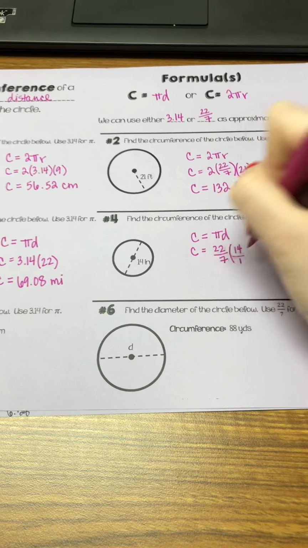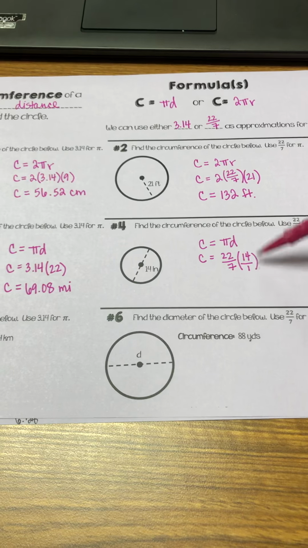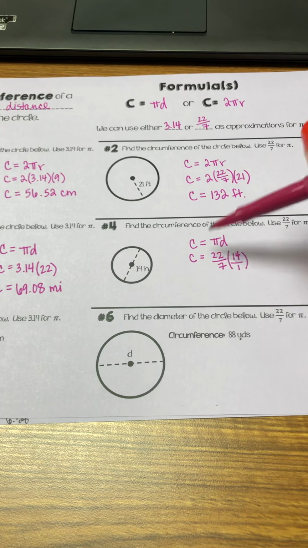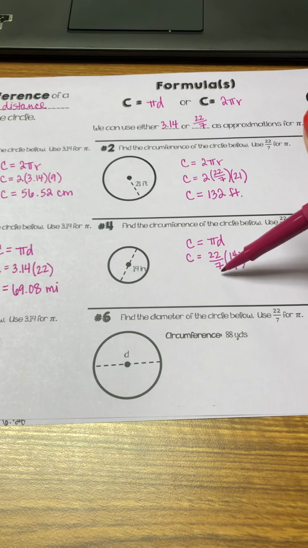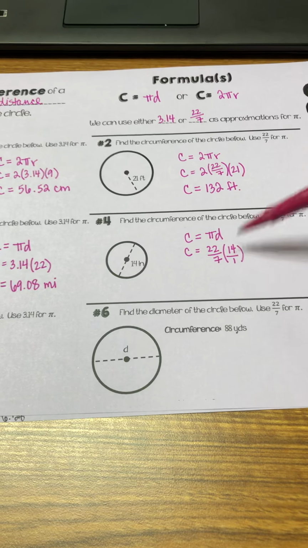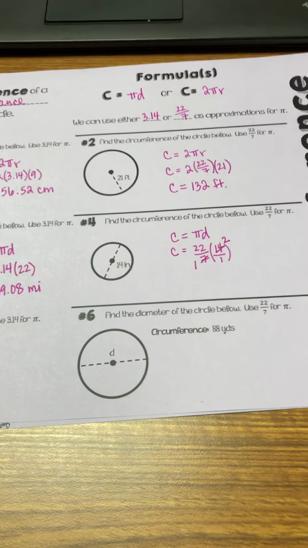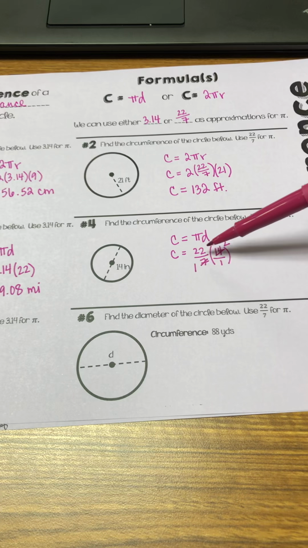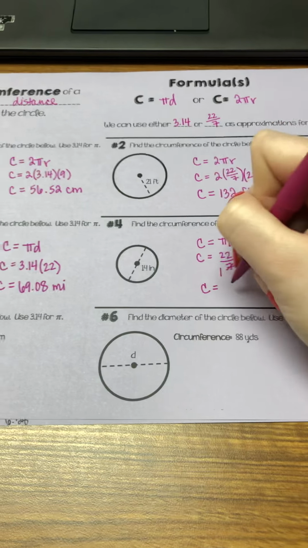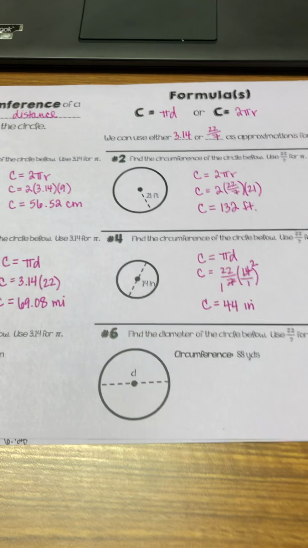Now, I can go ahead and put a 1 underneath the 14, because then, you can do that with whole numbers, and it sets up my problem really nicely. So what I want you to notice is that you can actually cross-simplify right here. 7 goes into 14 2 times. And then I have a really simple problem. I just do 22 times 2, which gives me 44. So my answer is 44 inches.